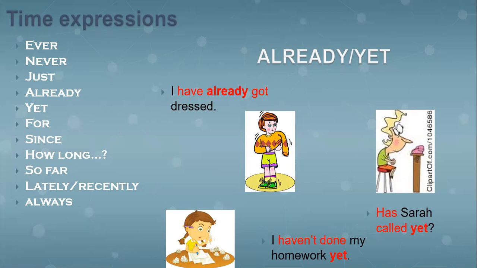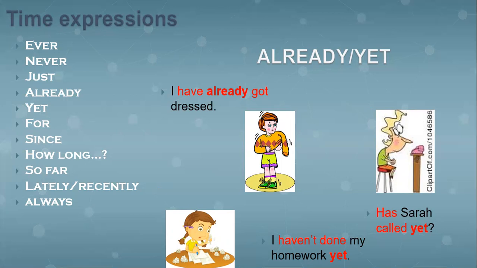I want to know if you have studied it or not. So I use yet in the question form, like saying, have you studied your English lesson yet? Or your answer is negative, so you say, no, I haven't studied my English lesson yet. So yet can be used in the negative form and in the question form.